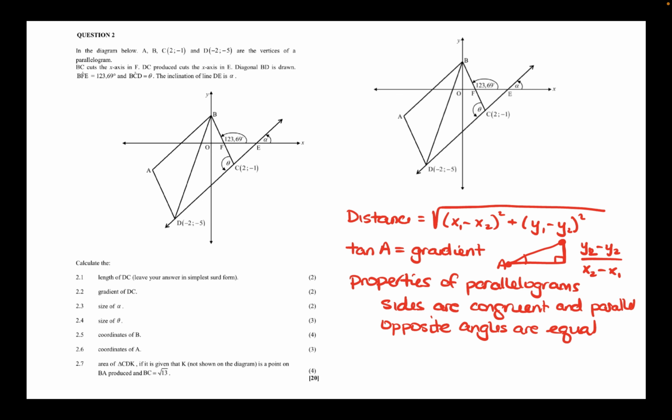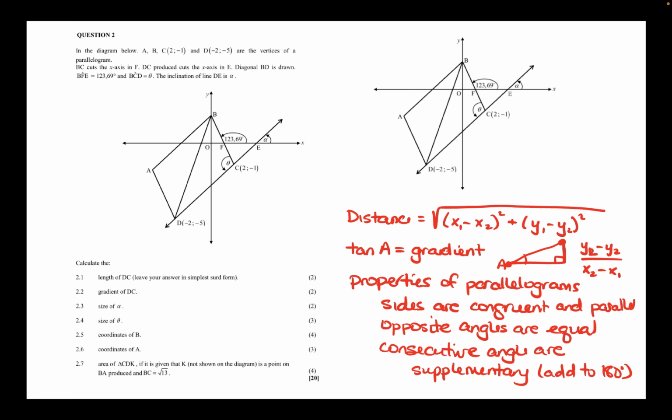And consecutive angles are supplementary, which means they add to 180. Okay, so if you would like to stop the video and now try the problem with that information, please do. Otherwise, we'll keep on going.